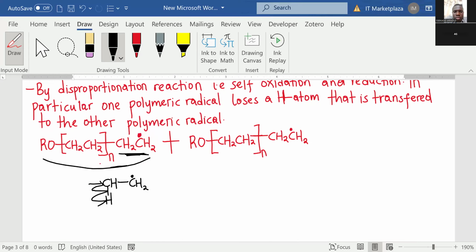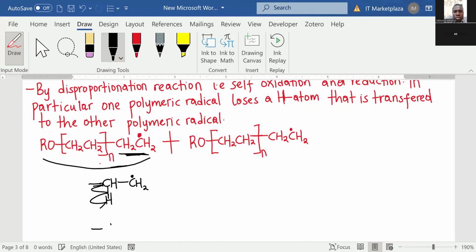Hope you are following. I've said hydrogen takes the electron it contributed. Carbon also takes the electron it contributed. So what do we form?